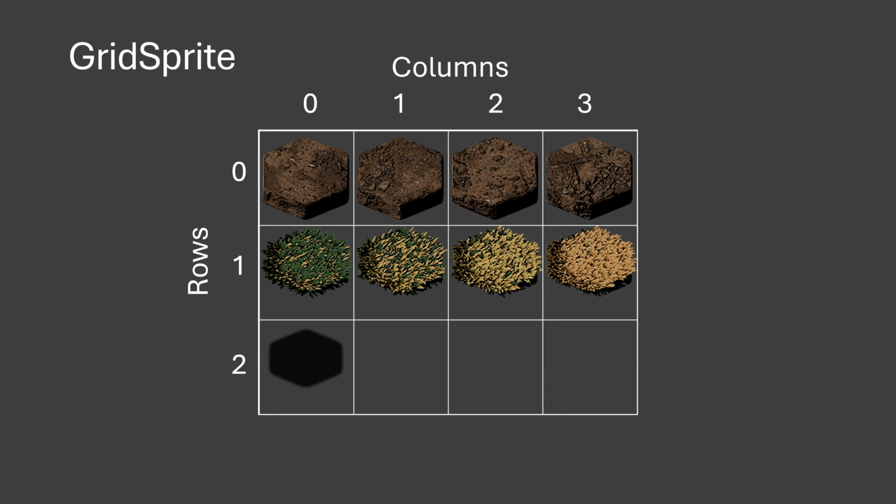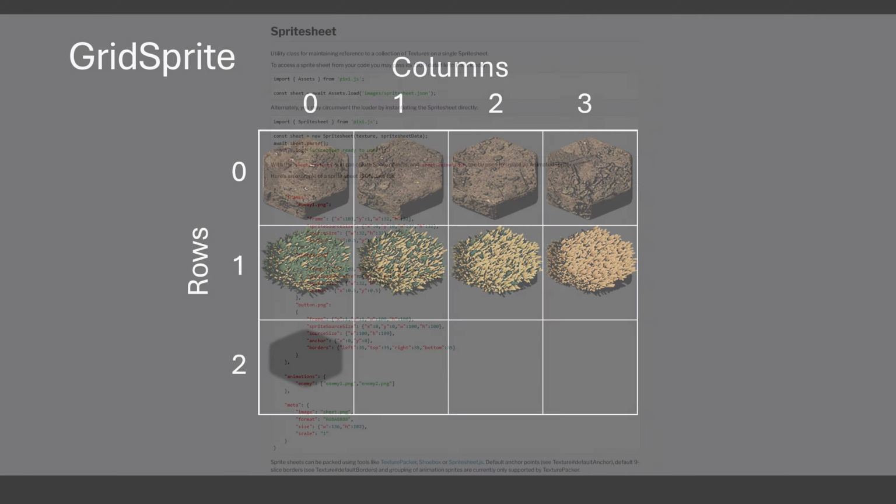The sprite sheet has the ability to map regions from a texture that are different sizes and different positions, not like in a grid like this. There is JSON metadata associated with the sprite sheet that is used to map all of these frames.